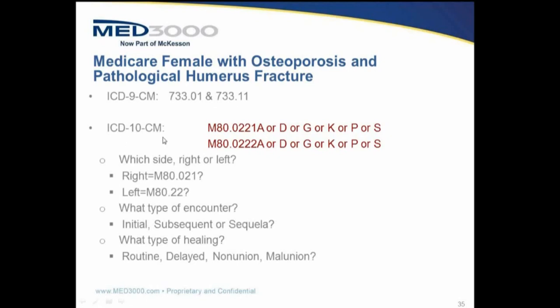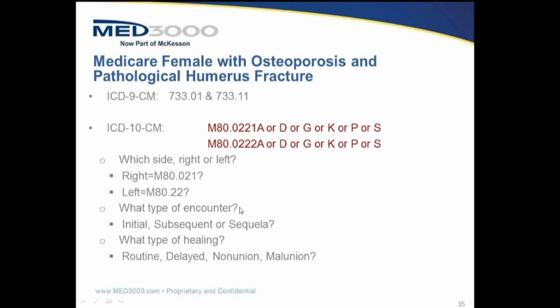But in ICD-10, here we have a lot of choices or selections. So we have our alpha code, then we have our numeric, but we have an A, but would it be a D, a G, a K, a P, or an S? So you can see it's almost a multiple choice, because which side, was it left or right, that reflects one of the codes. So then we go, what type of encounter?